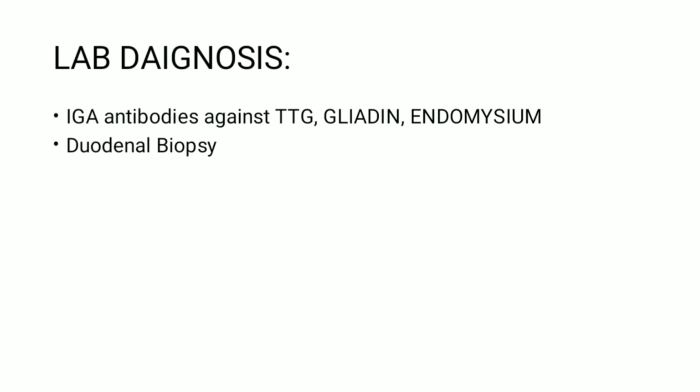After that, you have to suggest the duodenal biopsy, and this biopsy will reveal that the patient has an atrophied or flattened villous structure of the enterocytes, and then you will confirm this disease.